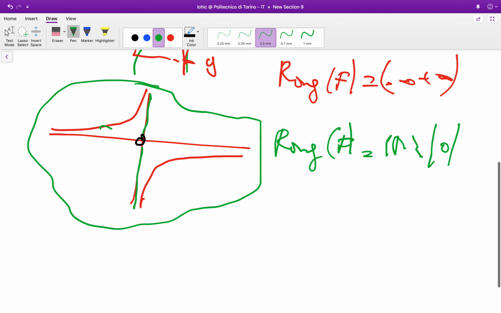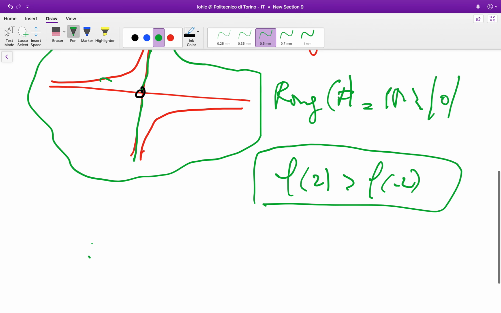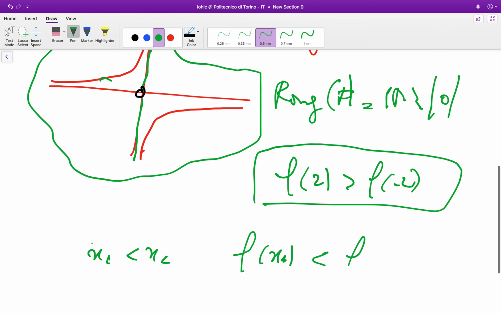When I say that the function is increasing, it means, for example, that f of 2 should always be greater than f of minus 2. When the function is increasing, it means that if x1 is smaller than x2, f of x1 will be smaller than f of x2, yes or not?